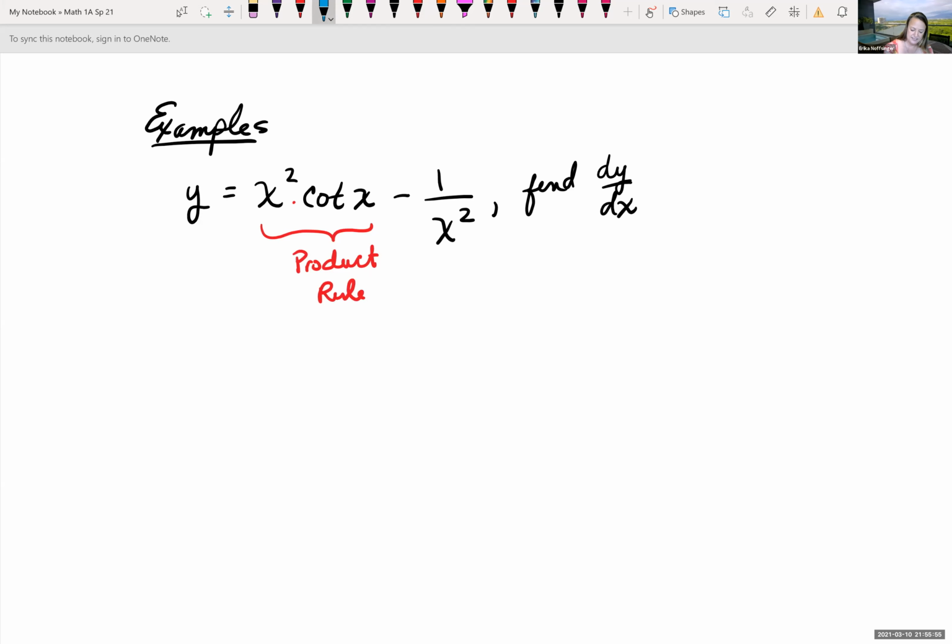Because of this minus in here, we're using the difference rule. And then if I don't rewrite 1 over x squared, which we talked about that we could rewrite, then I'm going to have to use the quotient rule.